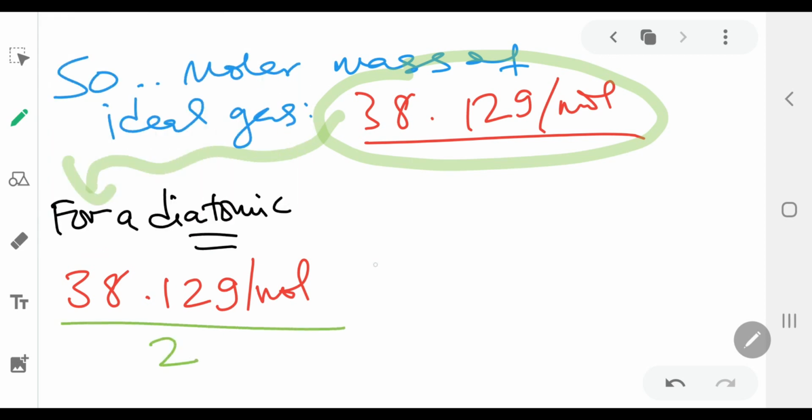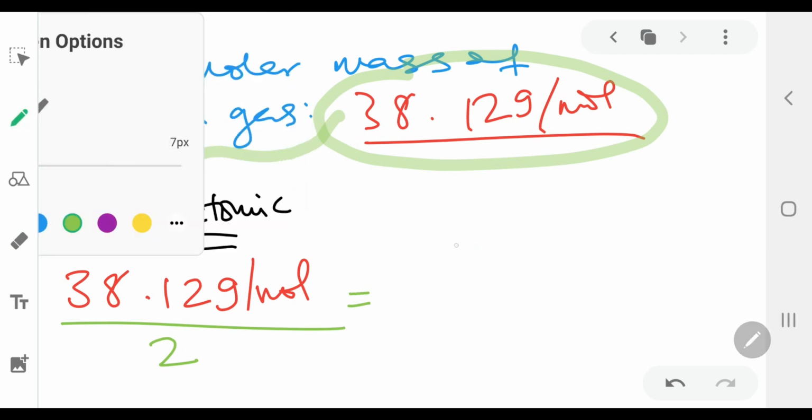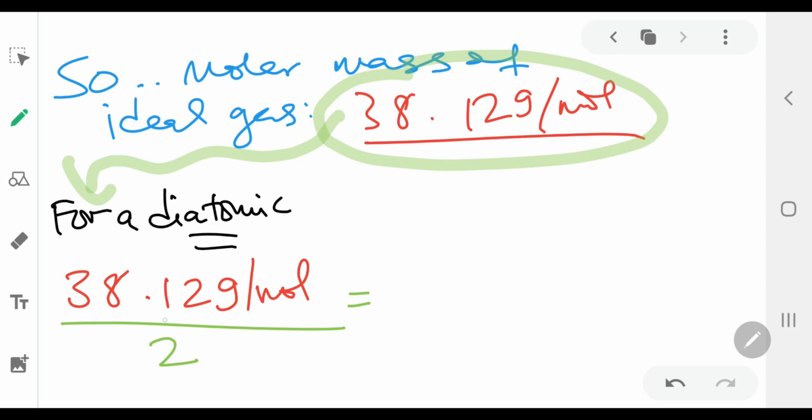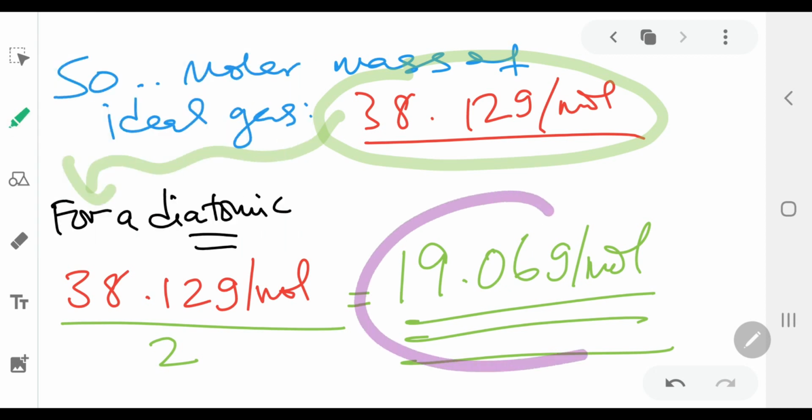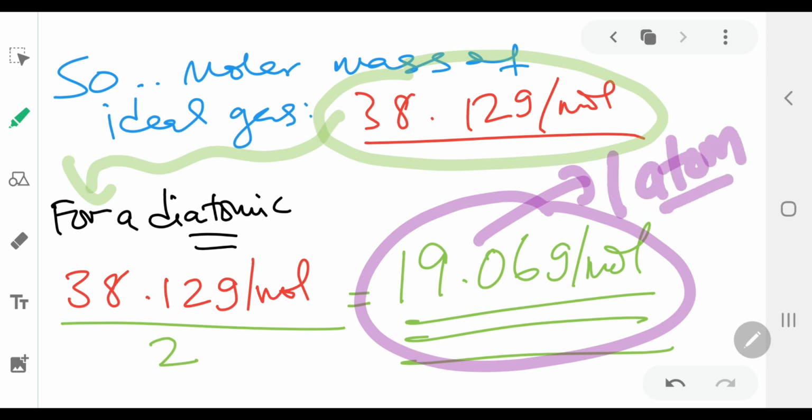We try to make it monoatomic, one atom. So when you work this out, 38.12 gram per mole over 2, you get about 19.06 gram per mole. This is going to be for one atom. So when we know the information for one atom, it would be easy for us to identify the atom on your periodic table.